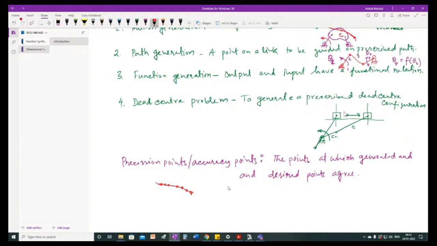So then what happens, we ensure it at a few points, suppose at these 3 points, point 1, 2, and 3. At these 3 points, suppose the design we have now designed makes the C point follow a path like this.